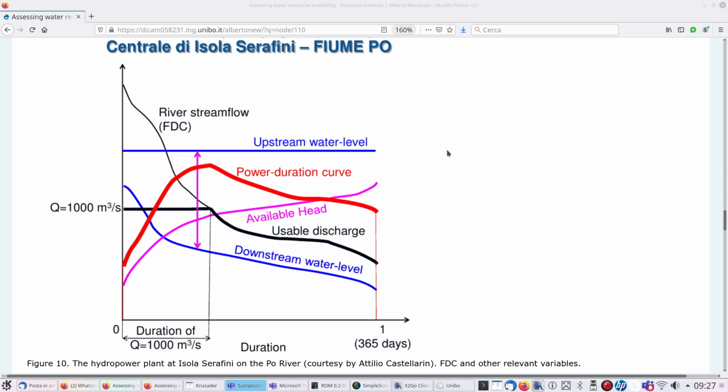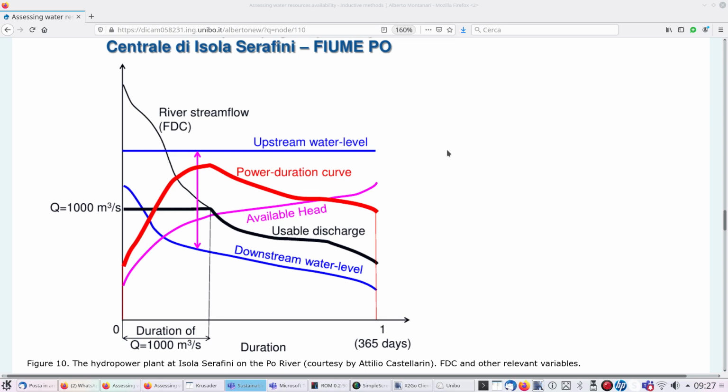So basically downstream they have the natural flow, and therefore for decreasing river flow they have a downstream water level that is also decreasing, which means that again for high flows there is a lot of water to be turbined, but still there is not much head.